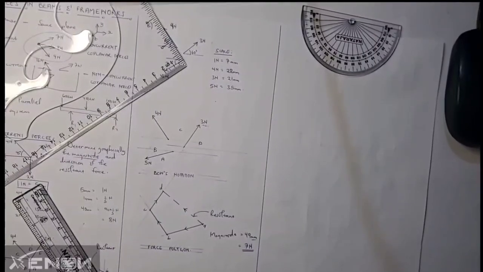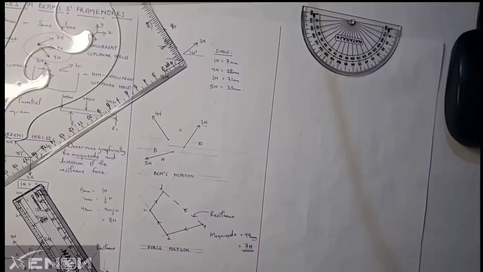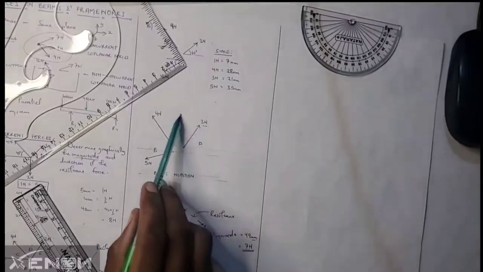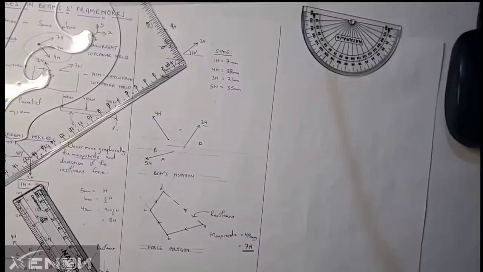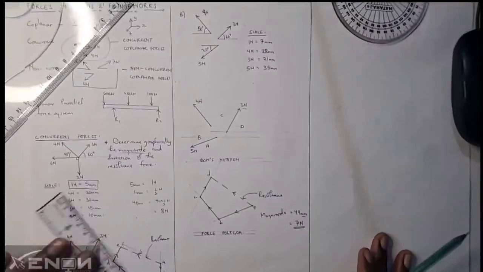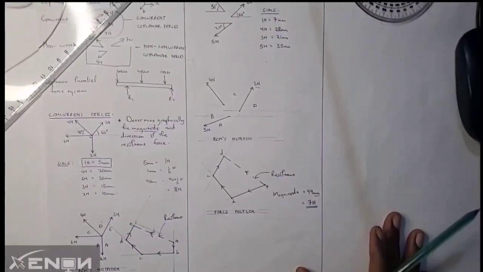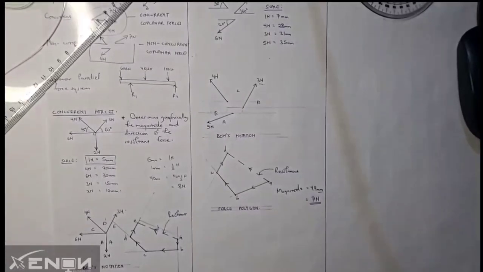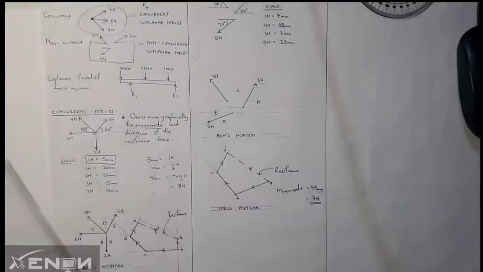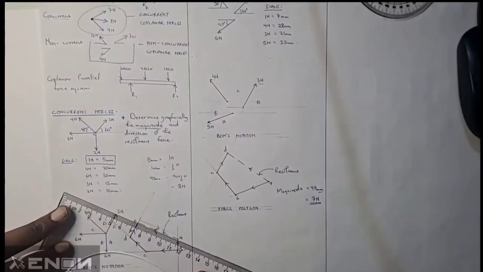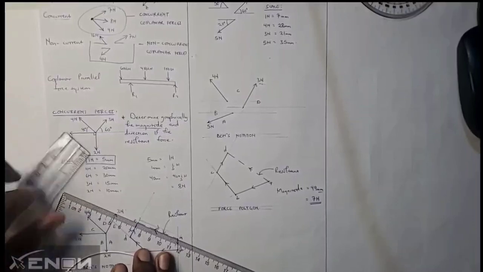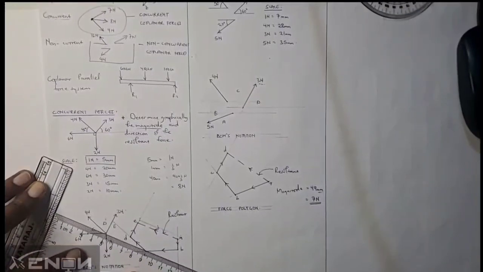Now, another question may come and they ask us to draw the position of the resultant relative to this diagram here. In the previous example, where we had the forces concurrent, if they told us to draw the resultant relative to this system of forces, we would simply slide this resultant and put it at this point.